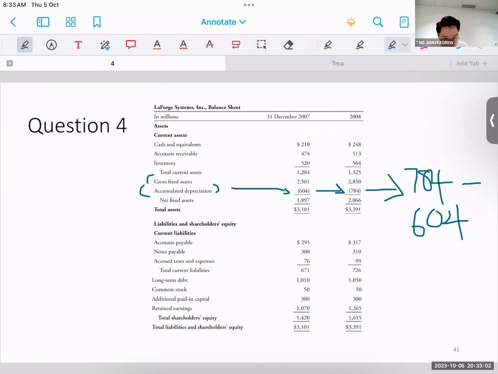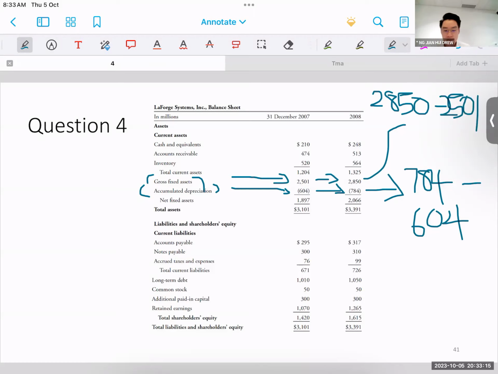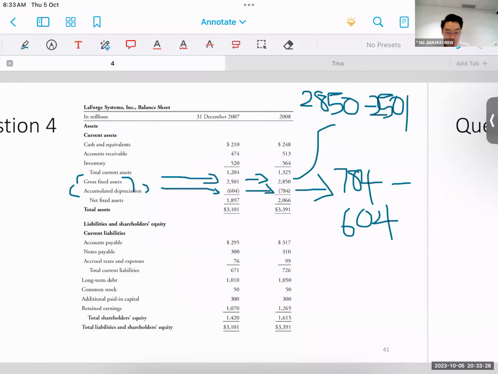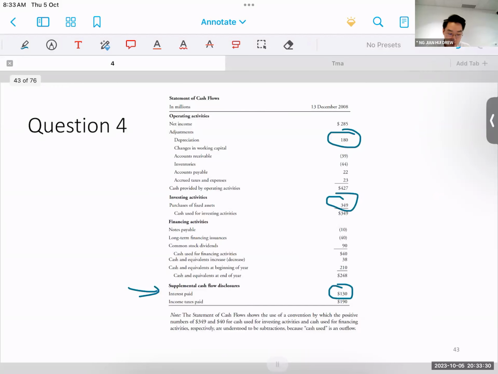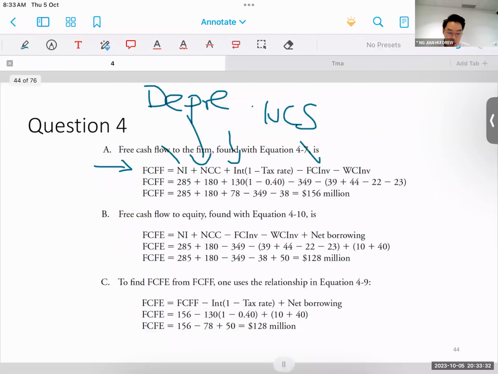Can you see the gross fixed asset? You just take 2850 minus 2501, and this should give you your net capital spend.